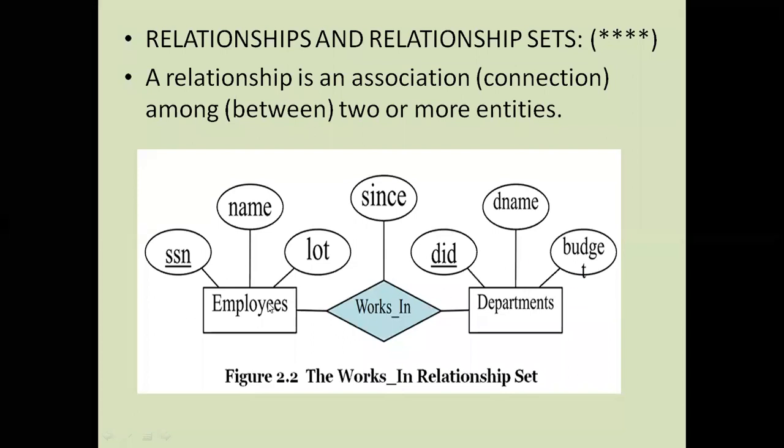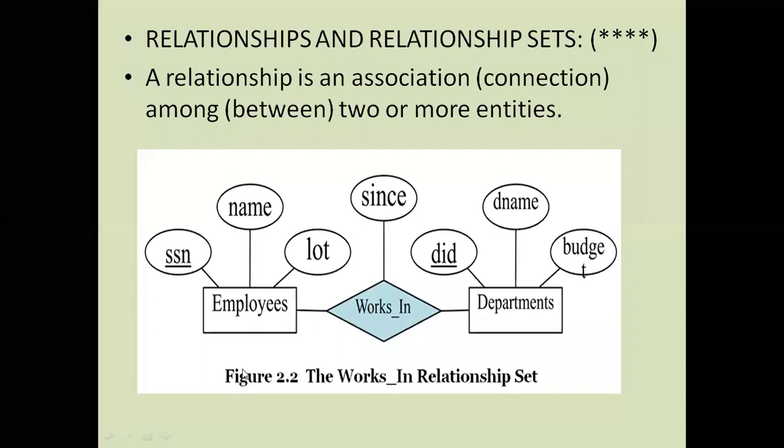Now this is considered an entity set. An entity set means a collection of similar entities, which we already discussed in the last class. When we collect similar types of entities, that can be referred to as an entity set. In this entity set there are a number of employees.